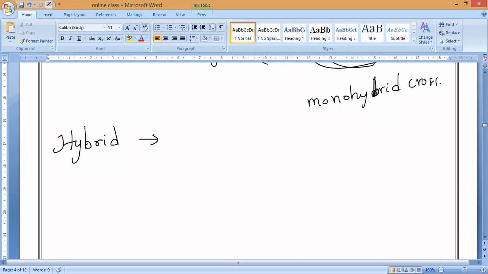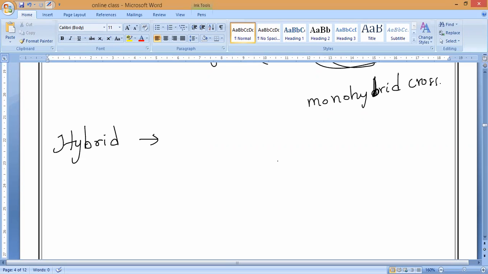When we breed two pea plants having one contrasting characteristic, only one contrasting characteristic, that breeding is called a monohybrid cross. Understand? Single contrasting character. Remember, right?